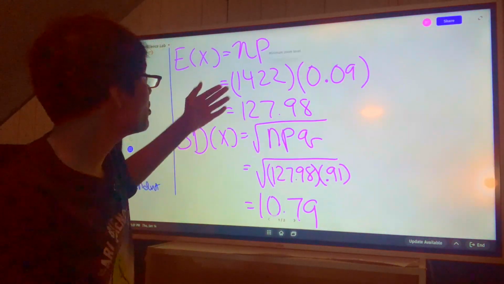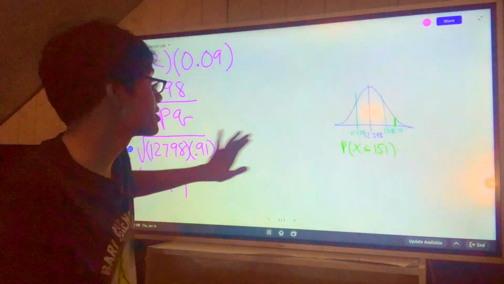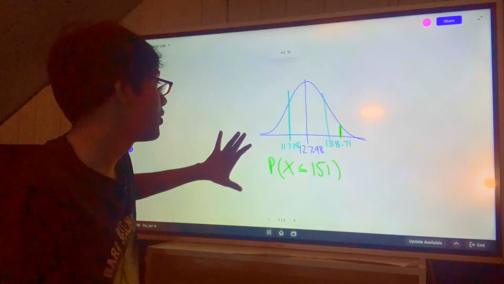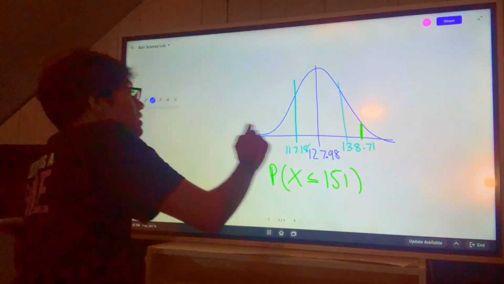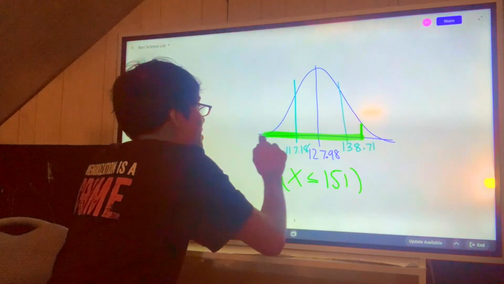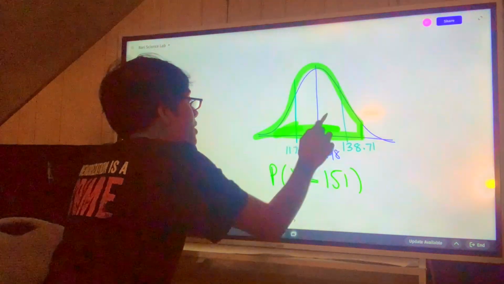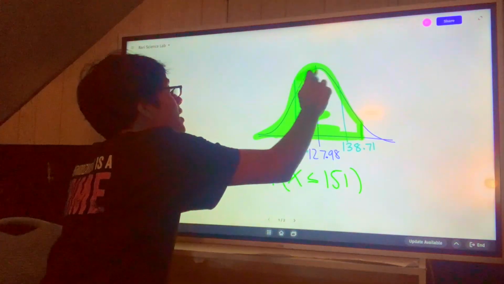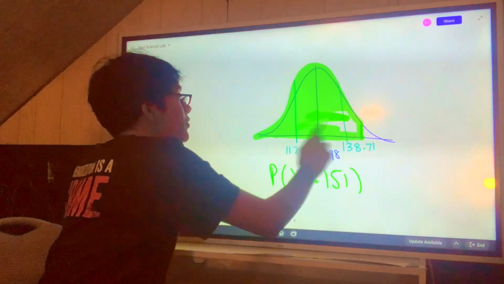Well, since we multiplied by the successes, this graph really shows us all the successes. Okay, so we really want to find all the data values less than this. We want to find all this humongous area. How can we find what this area below 151 is?